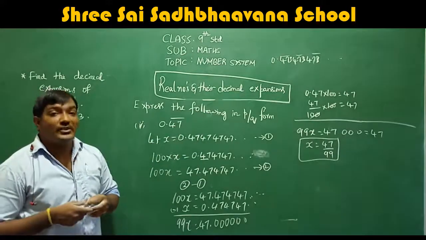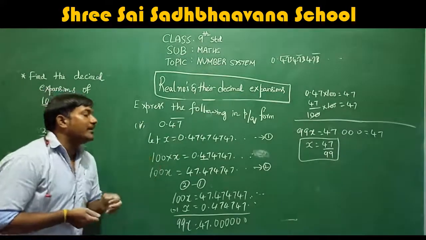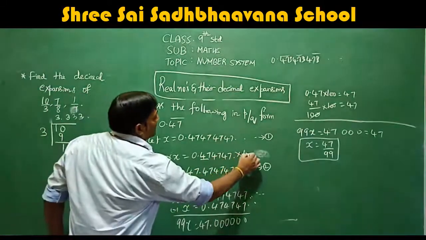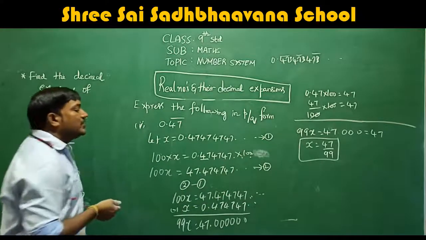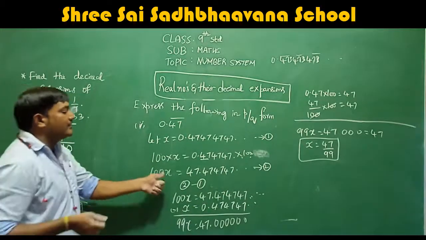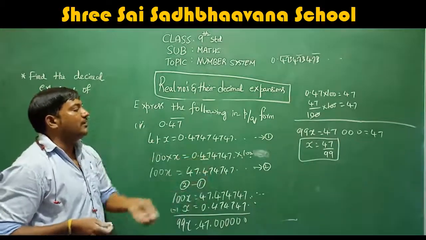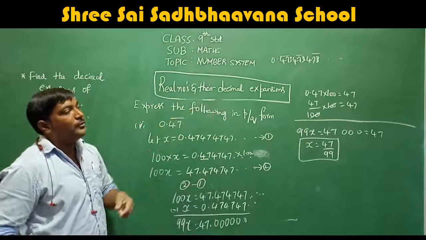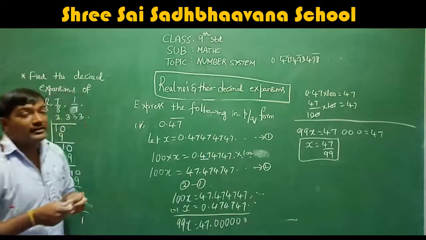47 is a two-digit number, so multiply with 100 on both sides. 100x is equal to 47.474747, because 0.47 into 100 is 47.